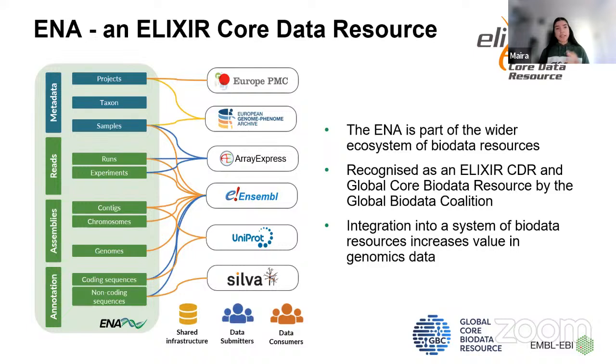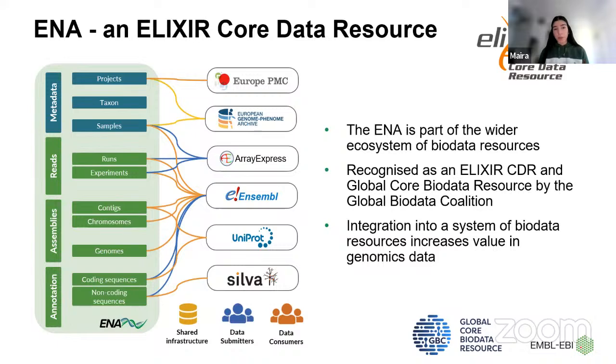Right, and this diagram right here just shows how the ENA is linked to a whole range of EBI resources. This kind of integration into these different resources really contributes to the value of its genomics data as well. As a few examples, you have Ensembl, which acquires assembly data from the ENA, and they provide annotations to this data.